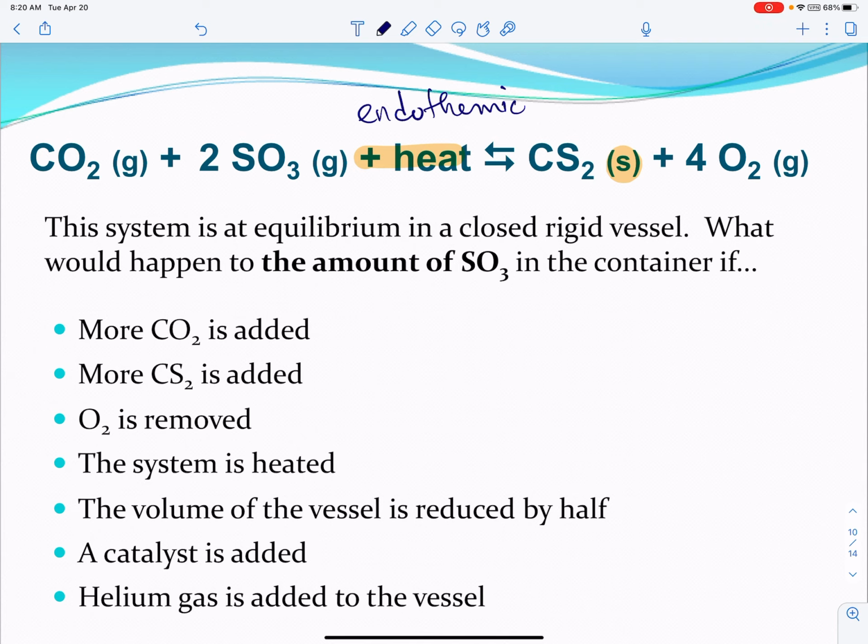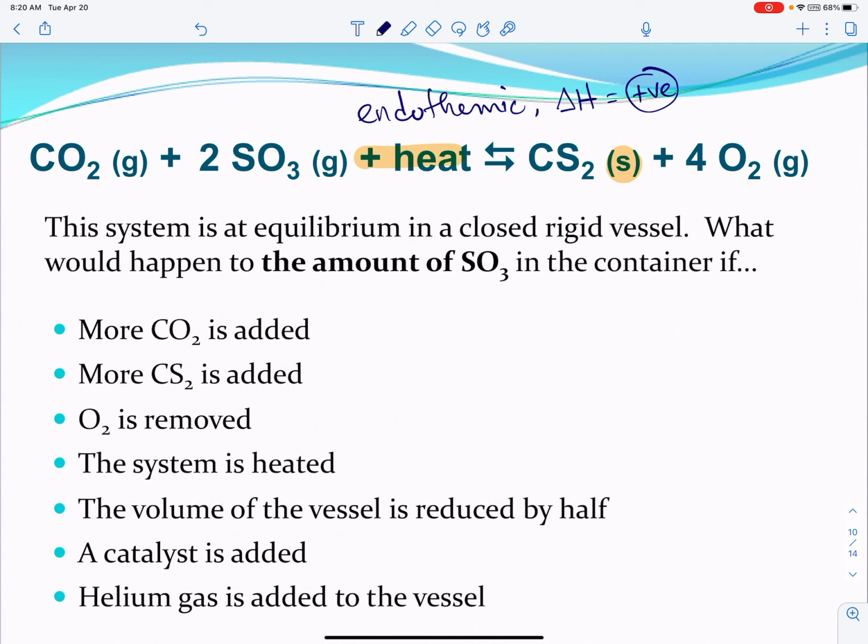You also remember that in an endothermic reaction, the enthalpy change, the heat of reaction, is positive. So that's another way of saying that it's endothermic. The delta H, the heat of reaction for the forward reaction, is positive. You might remember that from our kinetics unit.